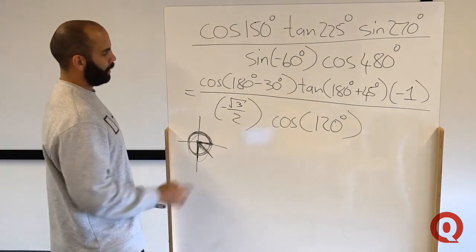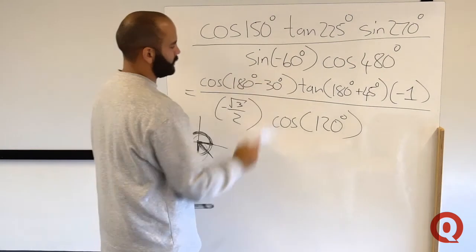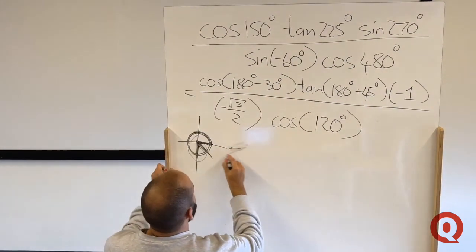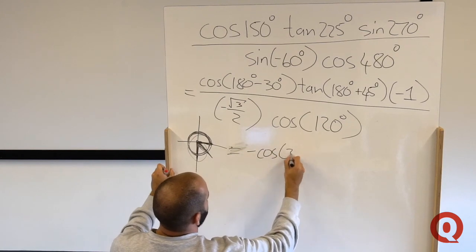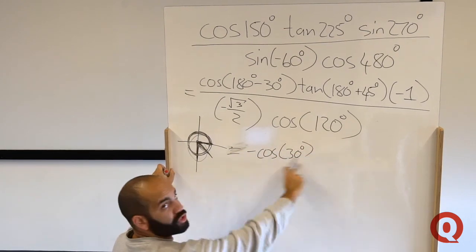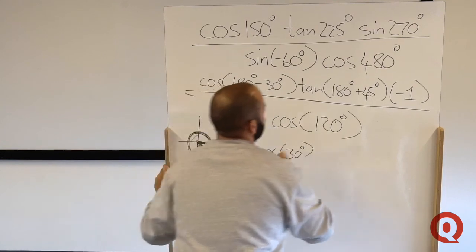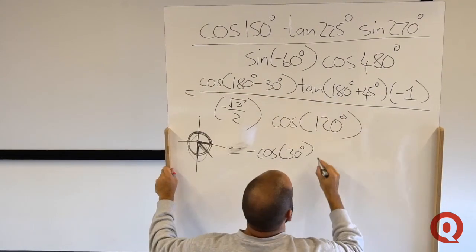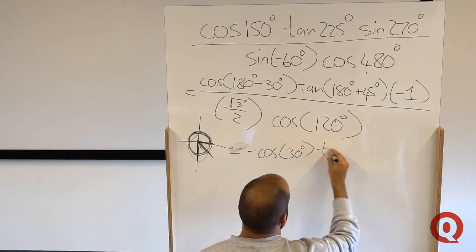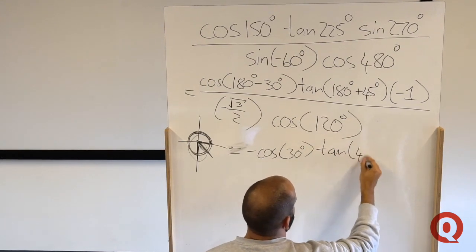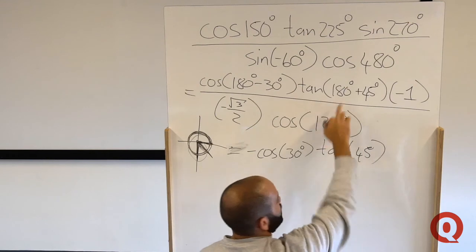Okay? Now, cos of 180 minus 30 degrees is going to be equal to negative cos 30 degrees, which is also a special angle. Tan of 180 plus 45 is essentially tan of 45 degrees, because tan is positive.